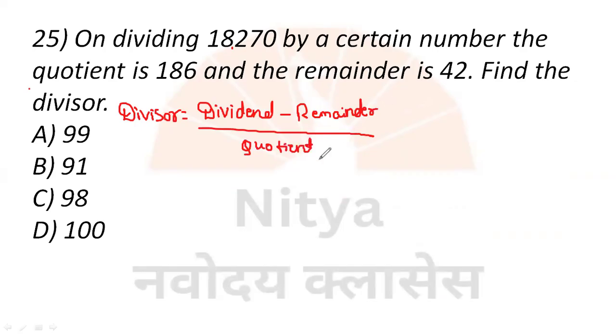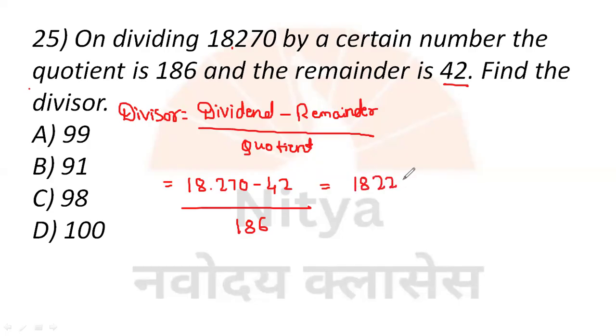So they are given the dividend. So dividend is 18,270 minus remainder. Remainder is here 42. And the quotient 186. So first of all, you have to do 18,270 minus 42, which is 18,228, and 186. So you have to divide it.